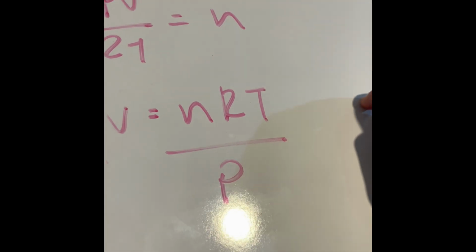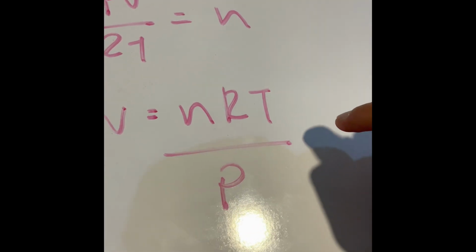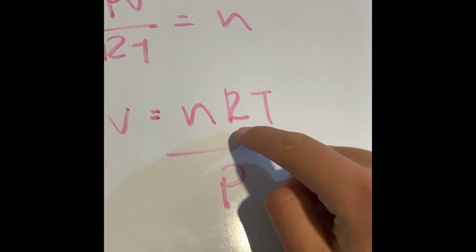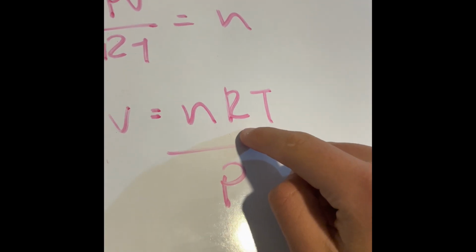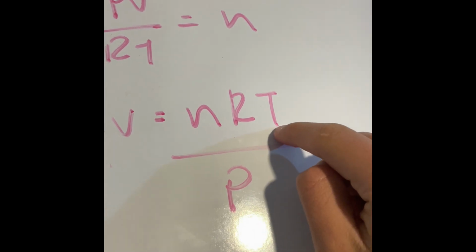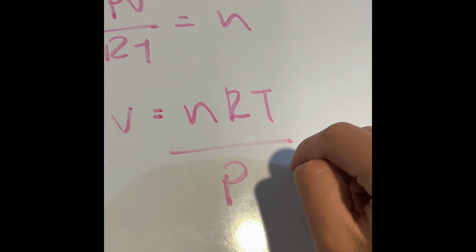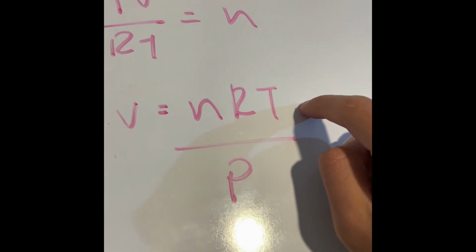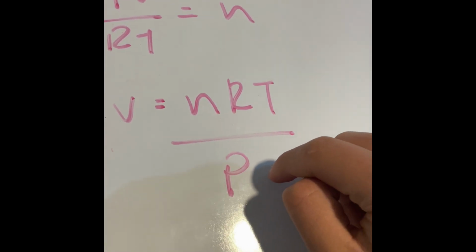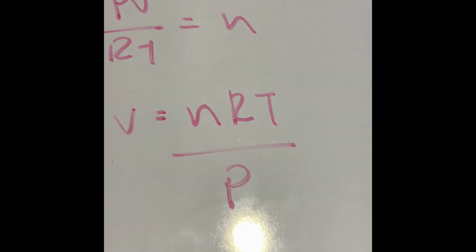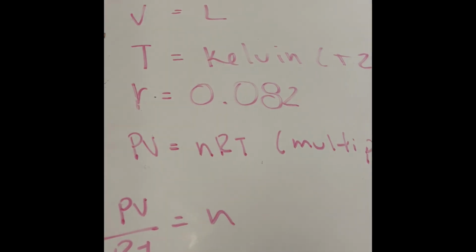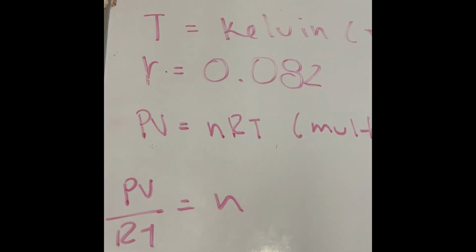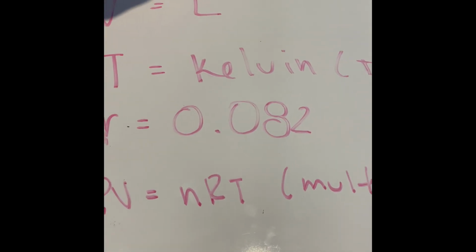And then for the volume, first of all, we need to do a multiplication of the moles, the R, and the temperature, and then with the result we just need to divide it by the atmospheres.